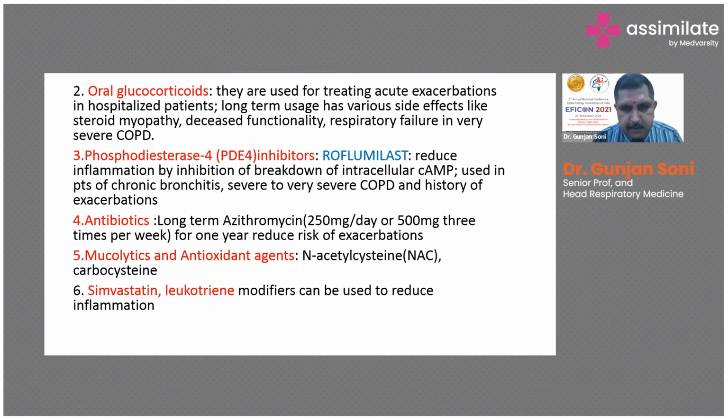But roflumilast has a very limited role in the patient of chronic bronchitis where there is a recurrent exacerbation, and sometimes the chances of intolerance is always there. So better to use a LABA, LAMA, ICS, oral glucocorticosteroids can be used, xanthines can be used, a proper antibiotic should be used.